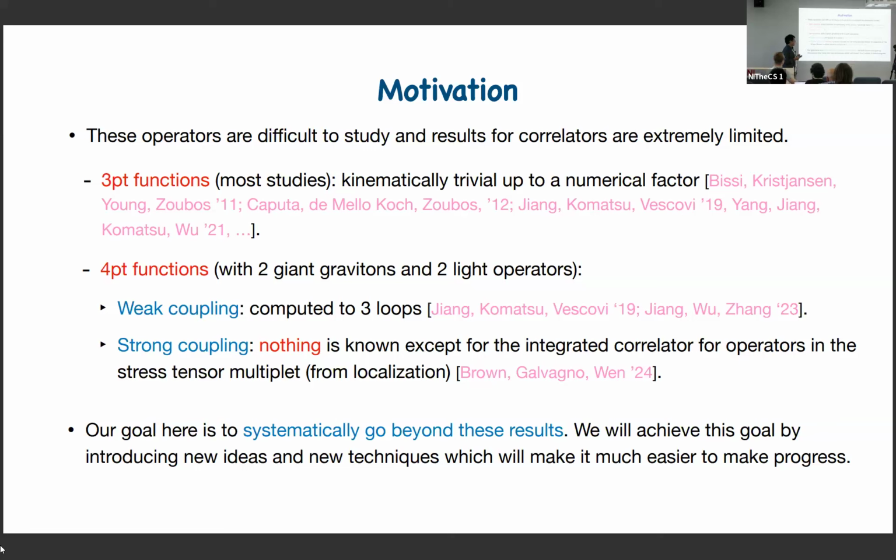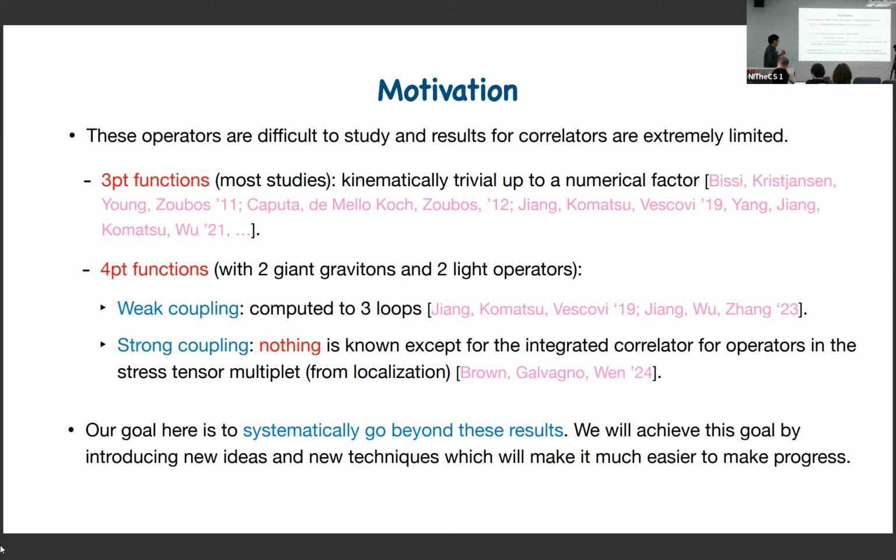Localization can compute a certain integrated correlator for a special case of these 4-point functions, where the 2 light operators are in the stress tensor multiplet. So the light ones are the supergravitons. And what we want to do here is systematically go beyond what is known in the literature.